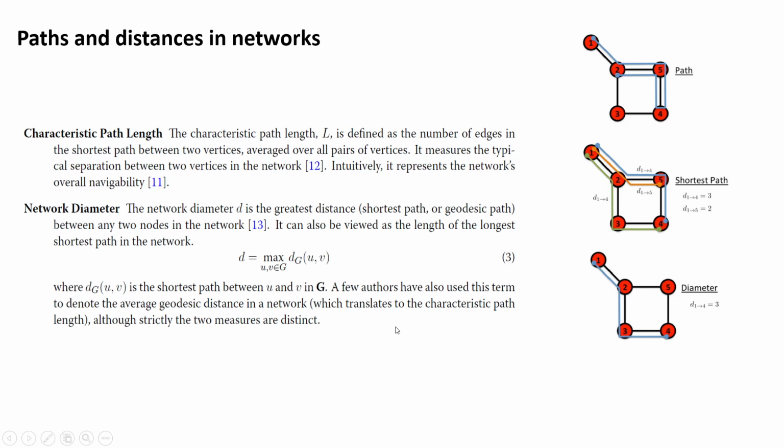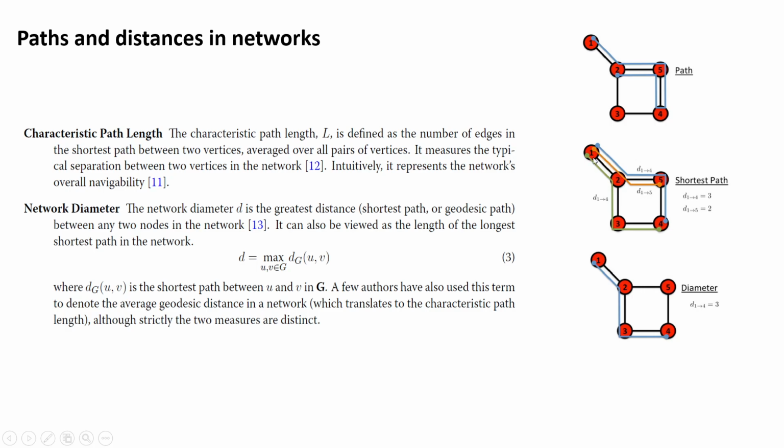Here are the depictions of what I described. If you talk about a path from 1 to 2, it can be directly from 1 to 2, or it can be 1, 2, 5, 4, then coming to 2. So a path can be any path. It doesn't need to be the shortest path. But the shortest path between 1 and 4 is 1, 2, 5, 4.